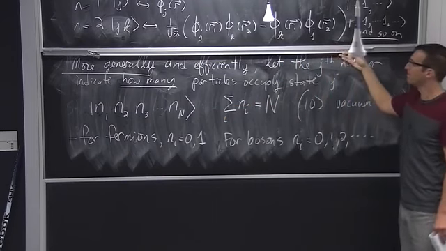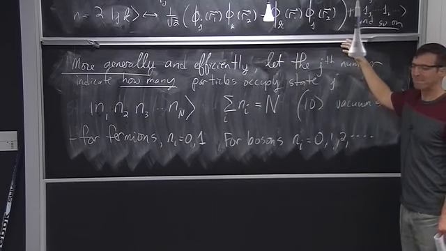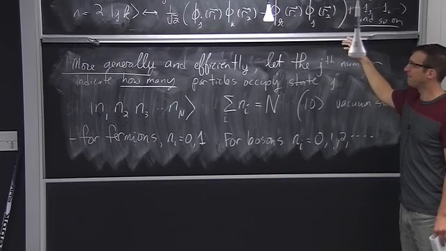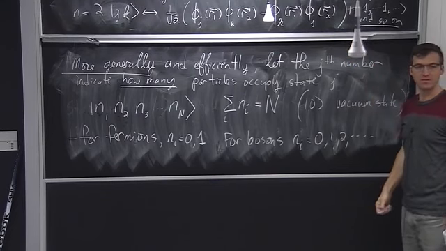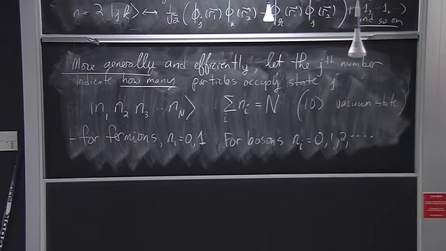To write this with the phi's, you need two labels on the phi, J1, J2, and so on. Each one of these J's is the state label. So you have all these different state labels.